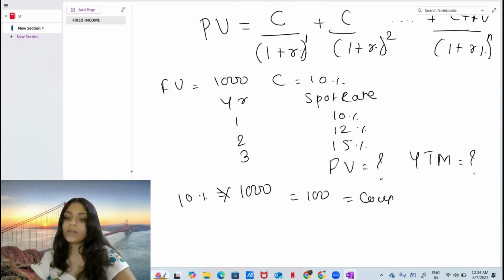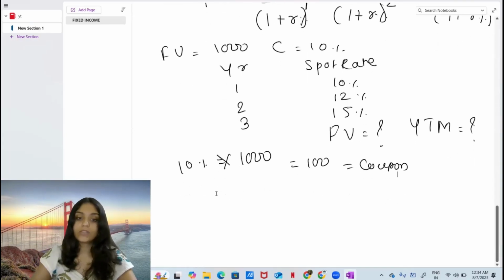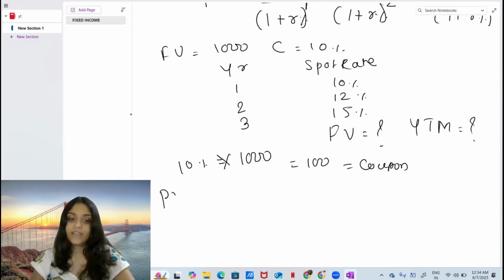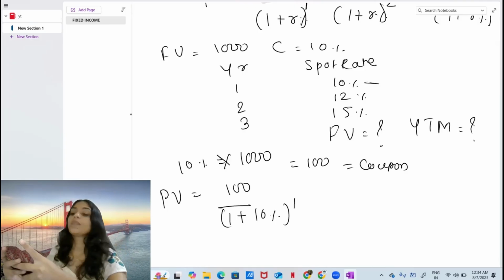So what will be our formula with values? PV is equal to 100 divided by, first year spot rate is 10%, so 1 plus 10% raised to 1. Let's solve this first on the calculator.